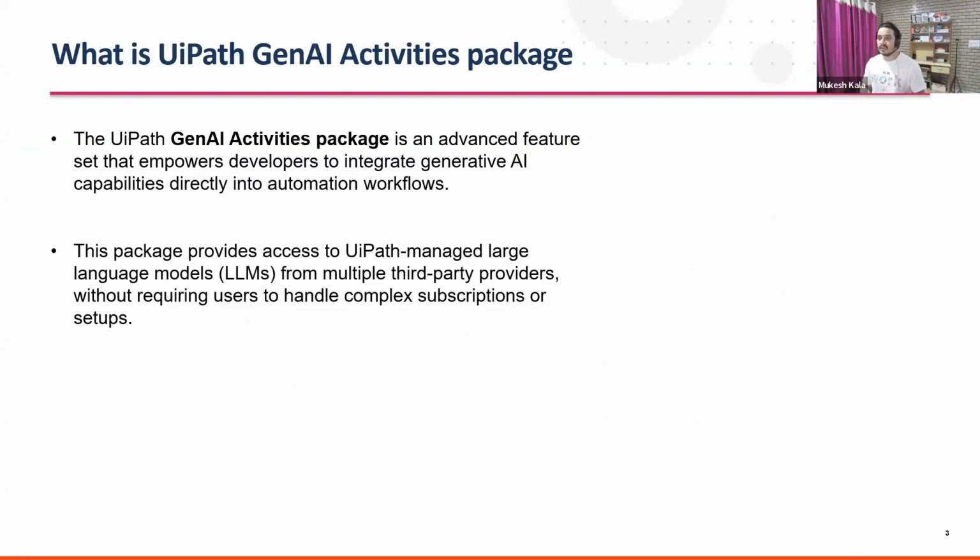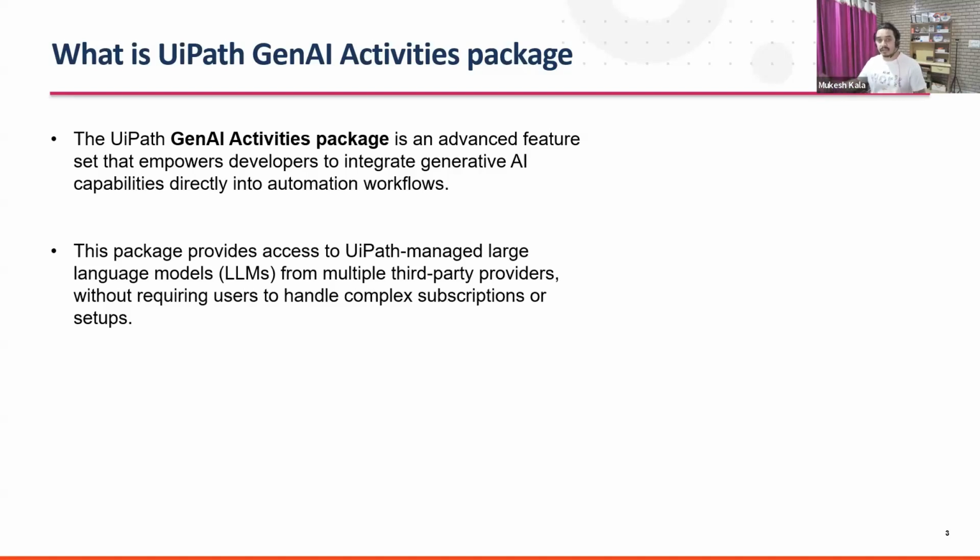Huge coding is required. What UiPath did is create an activity pack. This activity pack has all the features which an LLM can give. It has access to images, you can write emails, content generation, compare images, detect objects, semantic similarity. A lot of activities are here. You just have to drag and drop, pass the input, and you can use this in any automation.